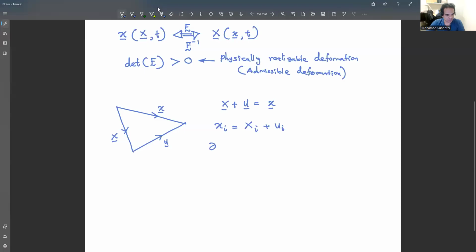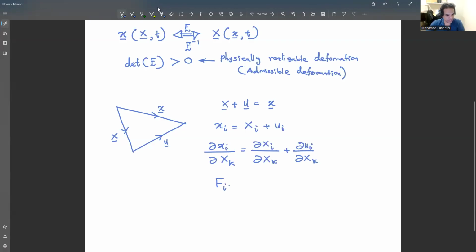So now if I consider the differentiation of this with respect to the reference configuration, right? Okay, K is capital, so this one, x_i and X_K, both are now in the reference configuration. This one, du_i by dX_K. Okay, right. So this is actually your F, right?